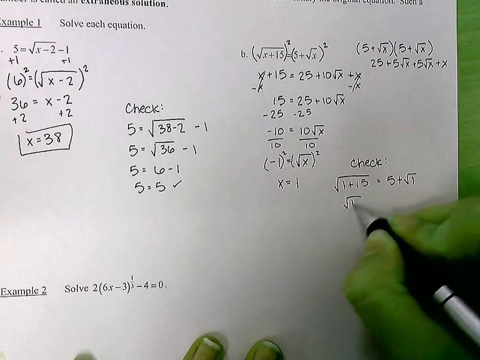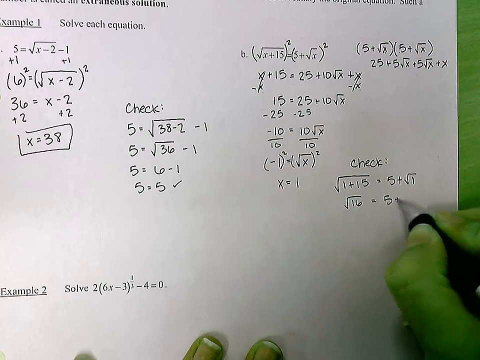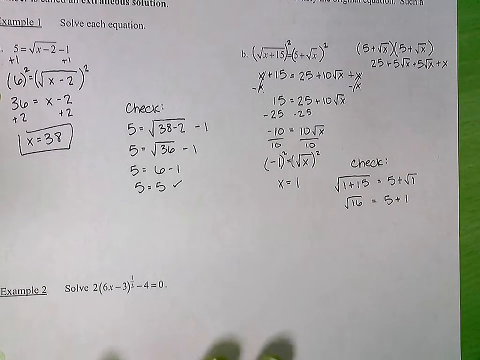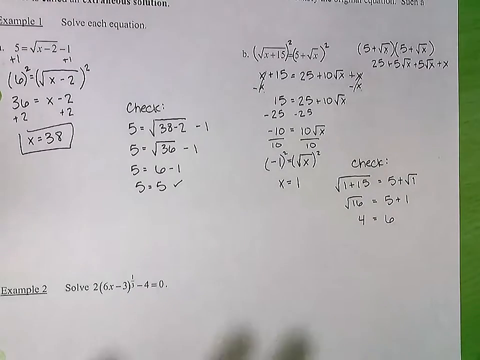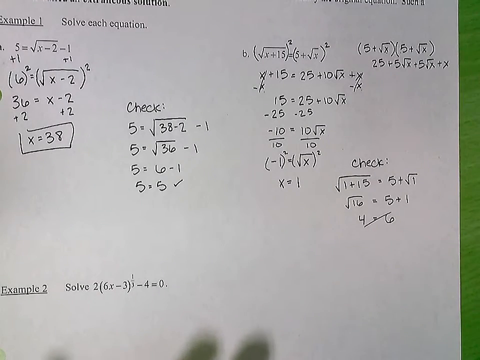So we have the square root of 16 is equal to 5 plus 1. So we have 4 is equal to 6. That's not true. Okay, so this would end up being no solution.